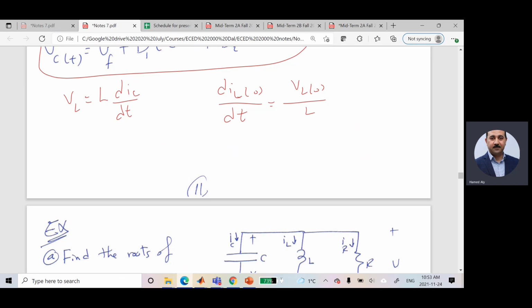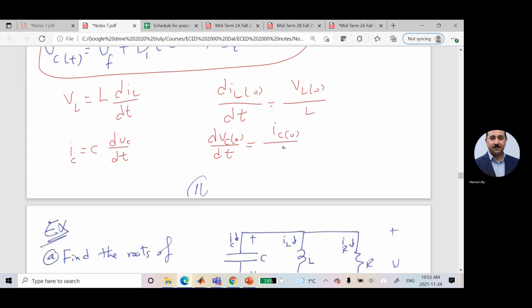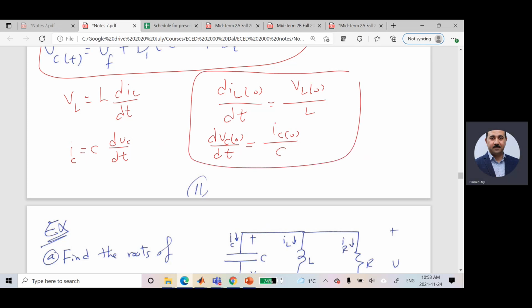If you are looking for the voltage, I know that I in case of the capacitor is equal to C dV by dt, where V is the voltage across the capacitor. So if you would like to find dVc of 0 by dt, this is equal to IC of 0 over C. These are the two equations I need to be able to find the two constant values.